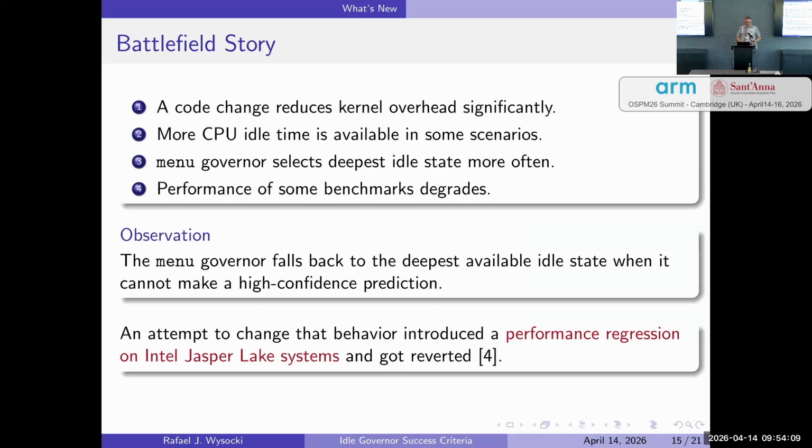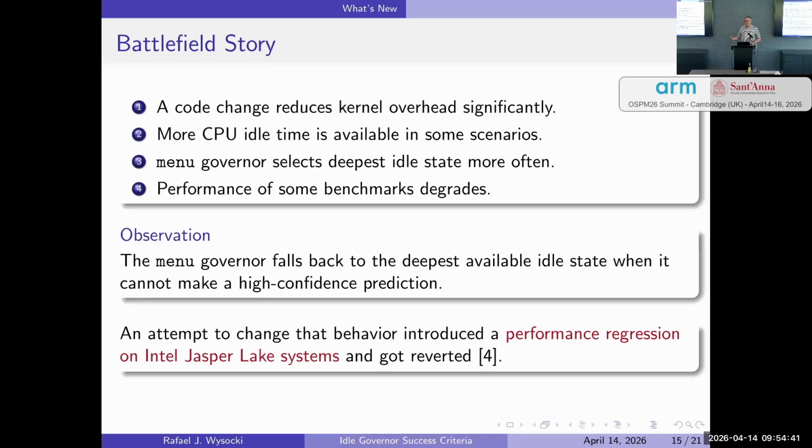As a result of that, the kernel spent less time computing stuff, and more CPU idle time became available in some cases. To be precise, kernel overhead for doing what? I don't remember exactly, I believe it was related to software interrupts or something like that.